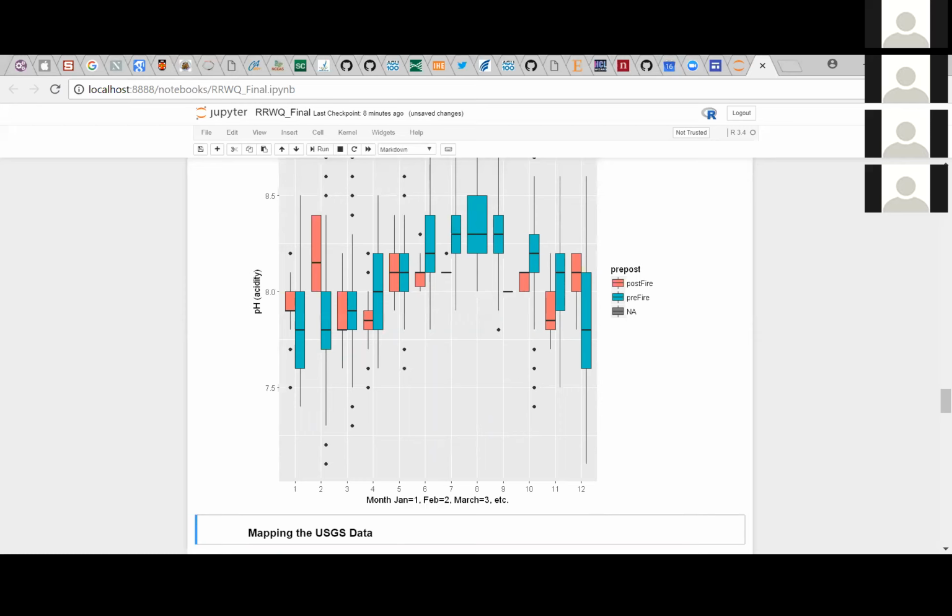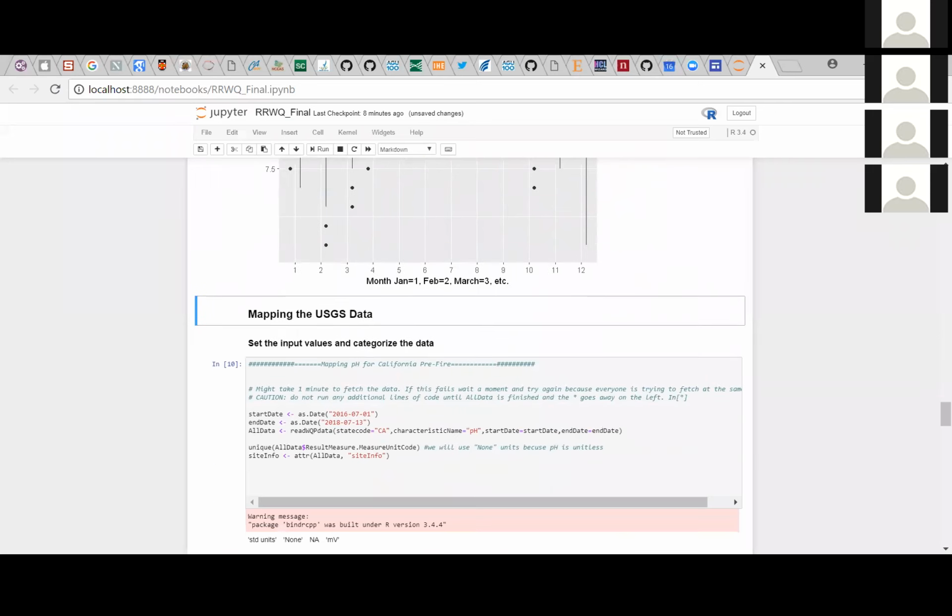And so that's guiding us in our next steps and determining what else we need to measure and where we need to measure. And so we're taking additional samples at various other locations across the watershed to really determine the source of this more basic water.